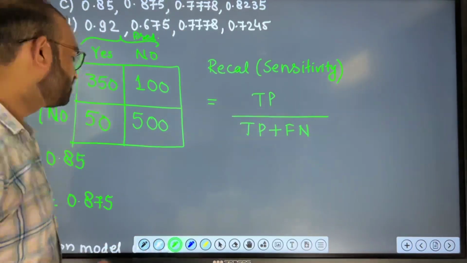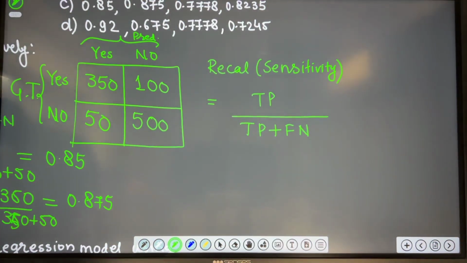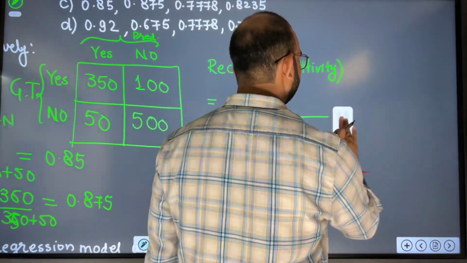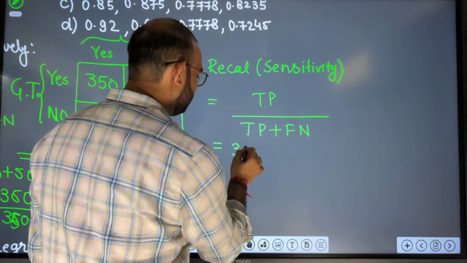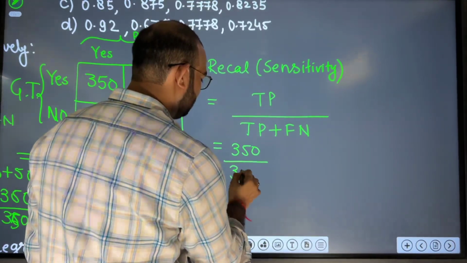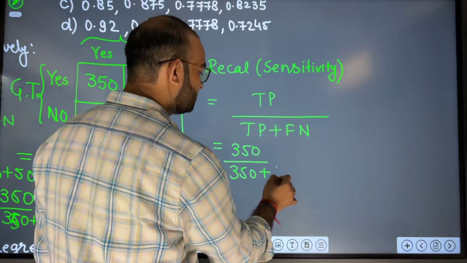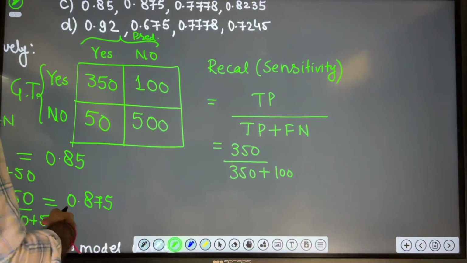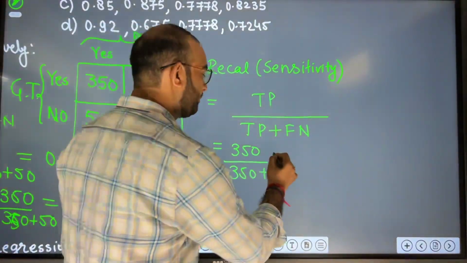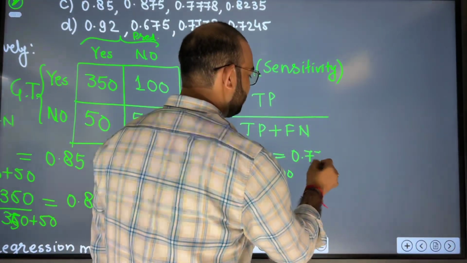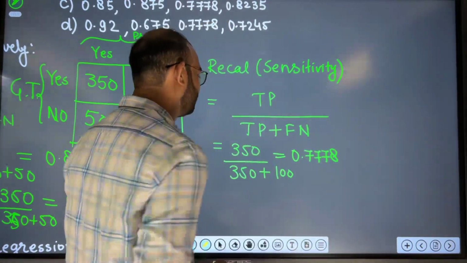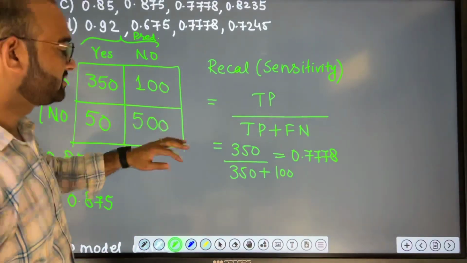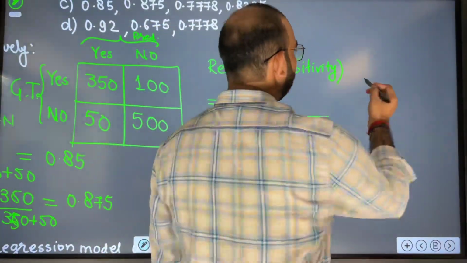True positive count is 350, so we take 350 divided by 350 plus false negative, which is 100. In that way, our answer will be approximately equal to 0.7778.